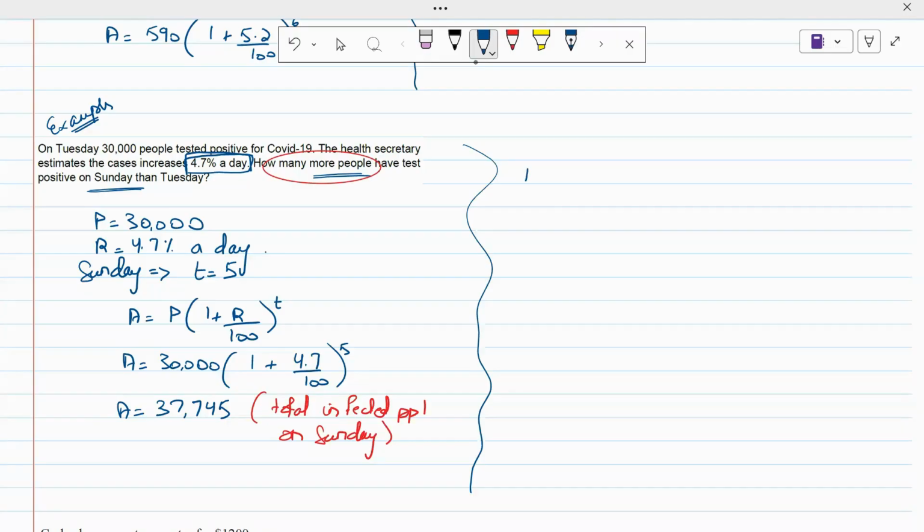So the difference is 37,745 minus 30,000, which is 7,745. Both these examples were cases of exponential growth or exponential increase. Now let's have a scenario of exponential decrement.